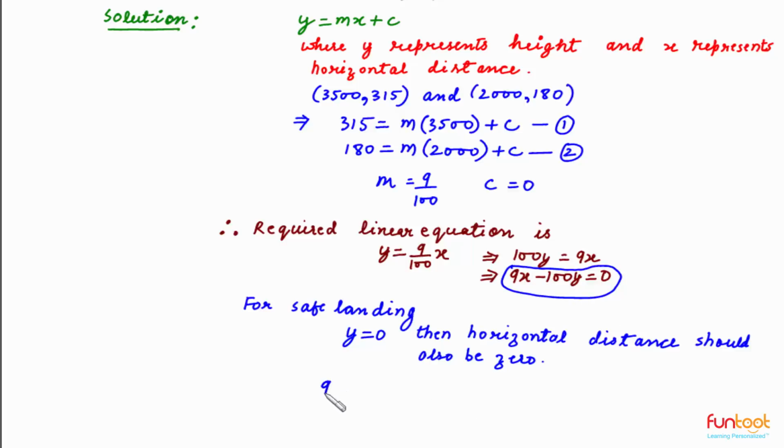The equation becomes 9x - 100 × 0 = 0. This implies 9x = 0, which implies x = 0. So indeed, when y = 0 is put in this equation, x also comes out equal to 0, therefore meaning the aircraft will have a safe landing.